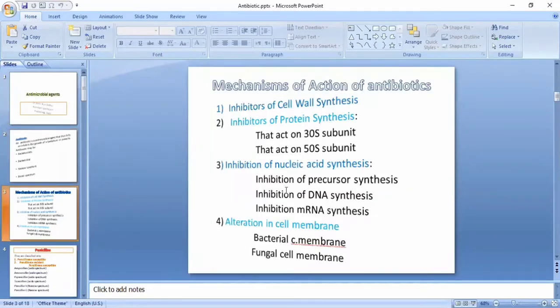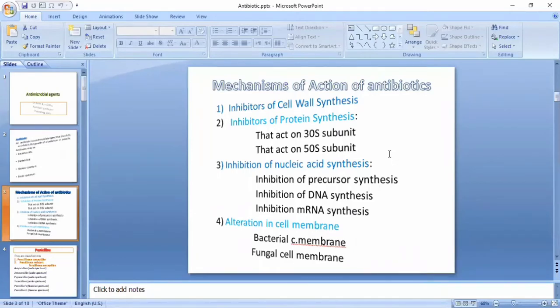Coming to the action of antibiotics, how the antibiotics act on the microorganisms or the bacteria or parasites. The antibiotics do not act on the host cells such as the human cells. These are only active against the microorganisms.